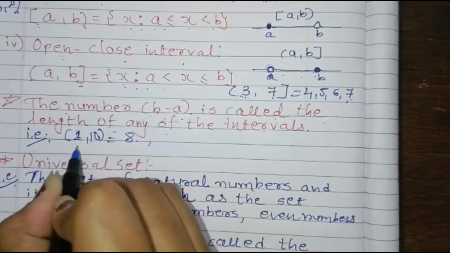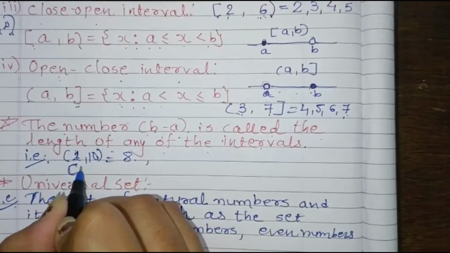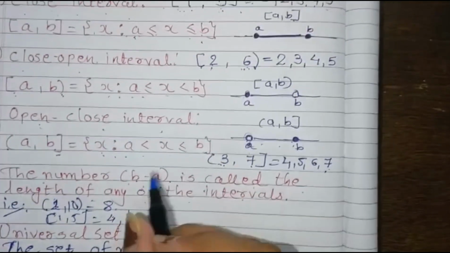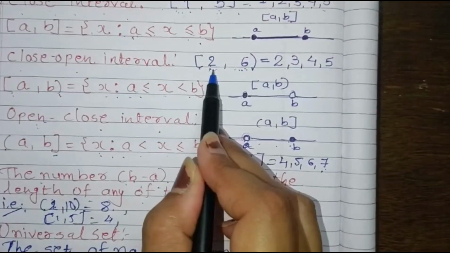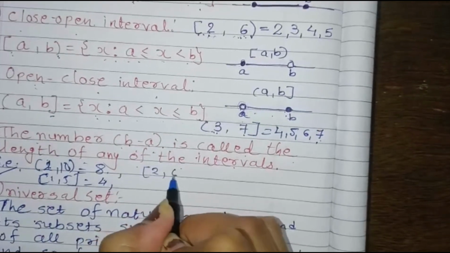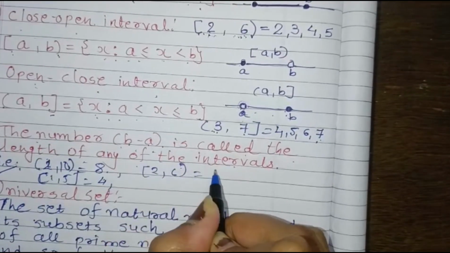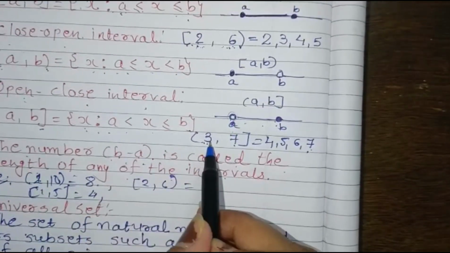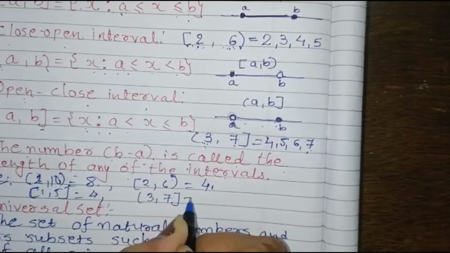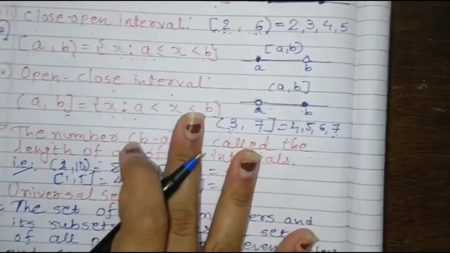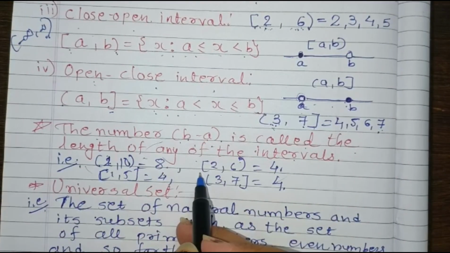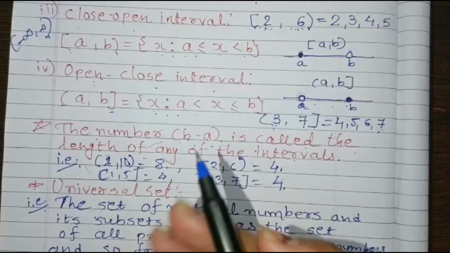The length of this interval is 4. Next is 2 and 6. 6 minus 2 is 4. And the last one is 7 minus 3, which is again 4. This is how you can find the length of any of the intervals.